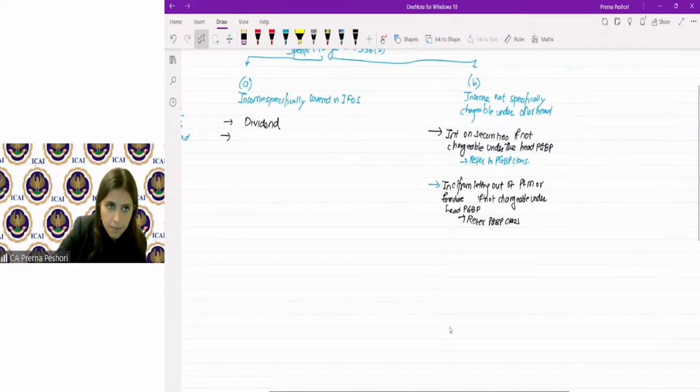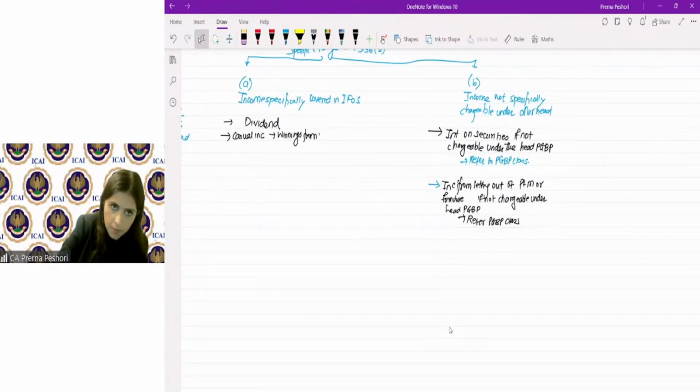Casual income, winnings from race horses. This is taxable specifically under lotteries or the crossword puzzles.